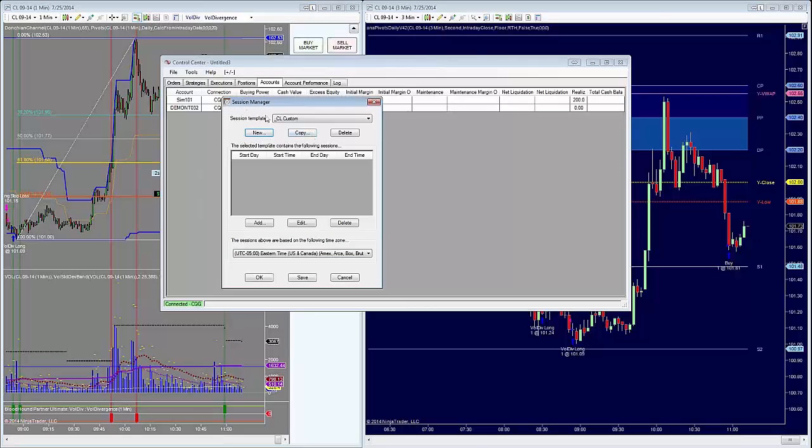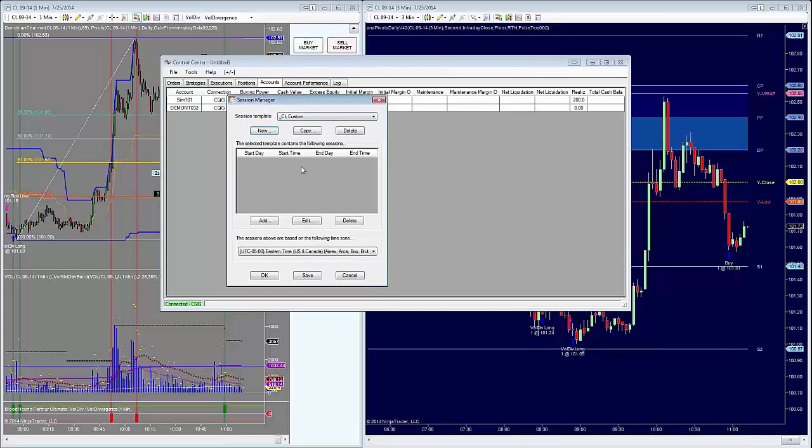We've named the session, custom session template, CL Custom. Now we want to add it, in Eastern time, because you can set this to whatever you want. If you want to use your own time zone, just make sure that the hours are associated with your time zone. But since this is traded in Eastern time at the NYMEX, we'll use Eastern time.